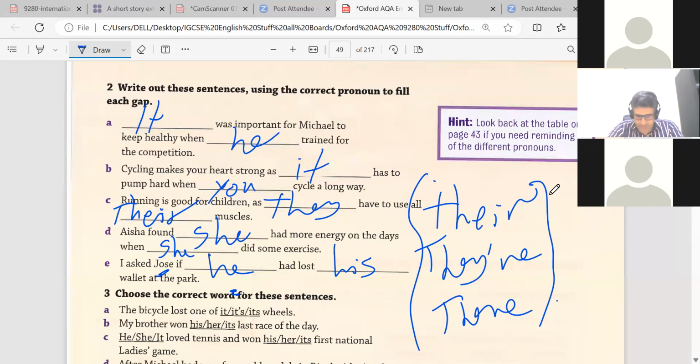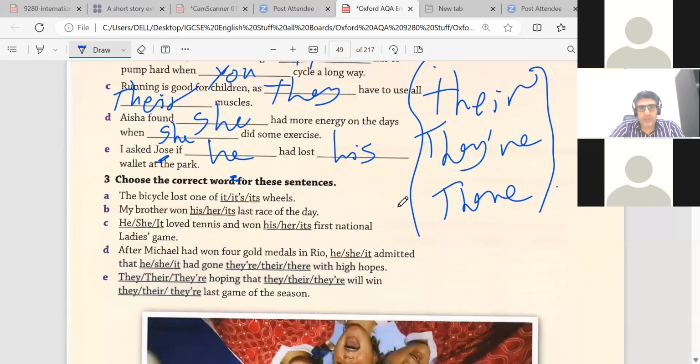Okay, now, guys, exercise 3. Please correct the sentences. You have only 2 more minutes.